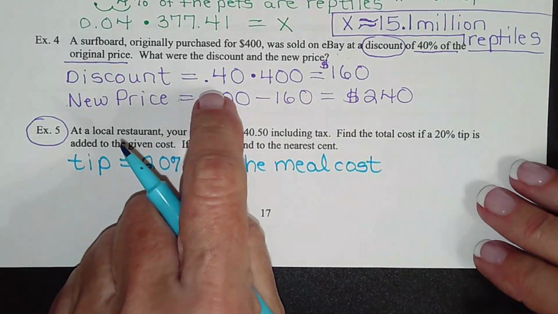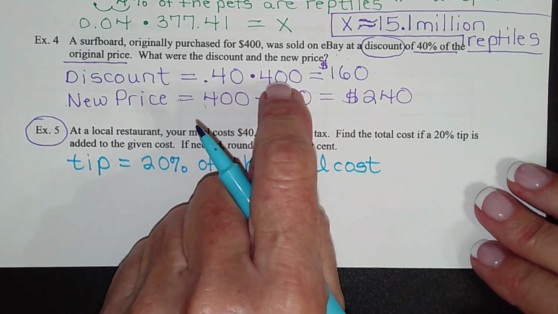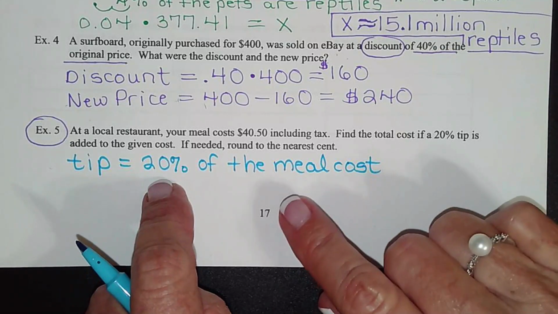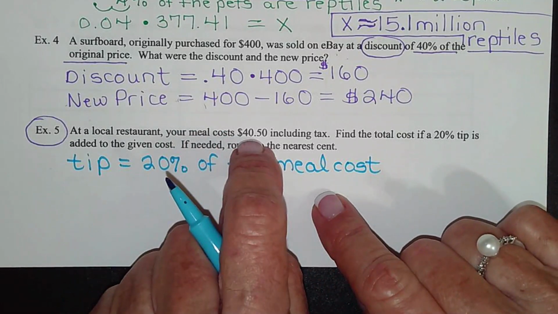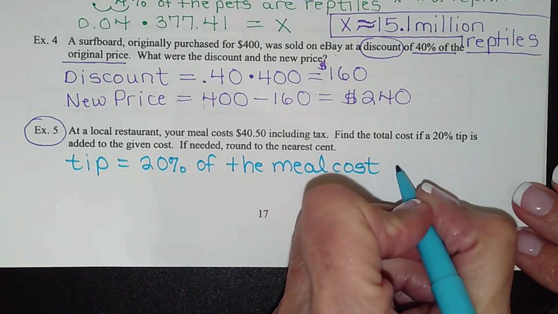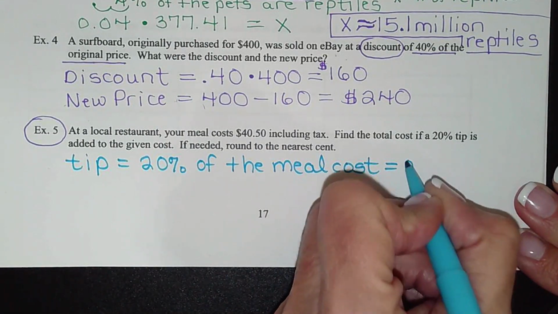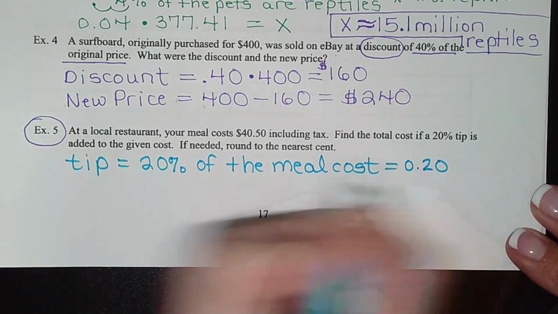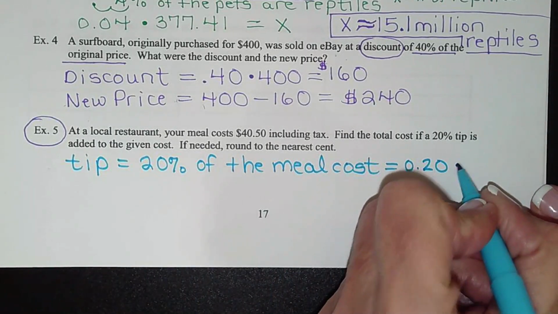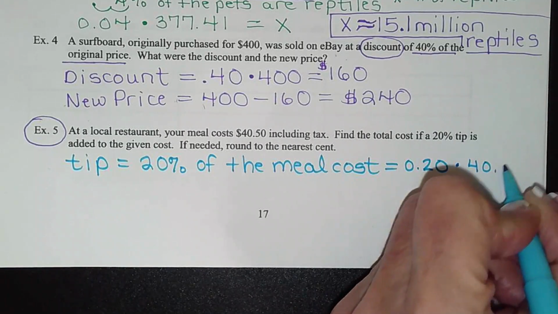So just like this was 40% of the original, this is 20% of the original. So then we turn that into a math equation. 0.20, of means times, 40.50.